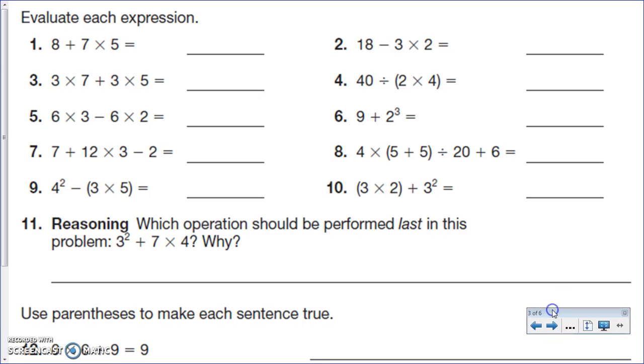Here, we need to evaluate each expression. For 1, we have 8 plus 7 times 5. Well, we don't have parentheses or exponents, but we do have multiplication, so we're going to do that first. So now we're going to get 8 plus 35. And then we add 8 and 35 to get 43.